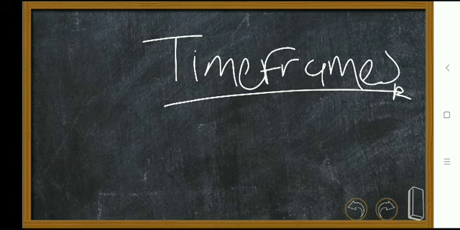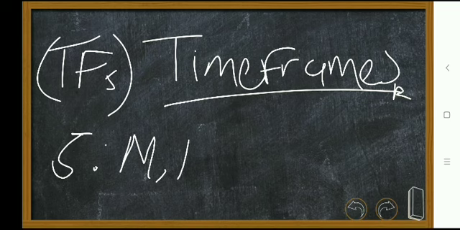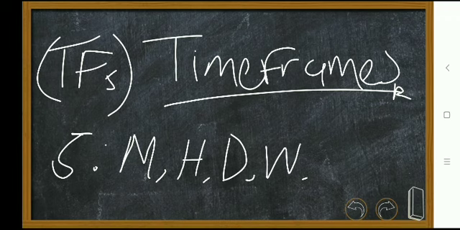Let me just say TFs, time frames. We'll be dealing with 5 types of time frames, which will be the minute, the hourly, the daily, the weekly, and the monthly.